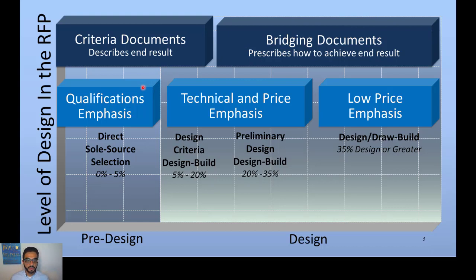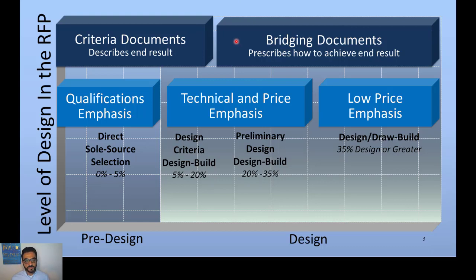design builder. But when the owner depends on their own designer, they move into the design effort and do some design development here. So you move into 5 to 20%. Now you have more polished criteria documents or some bridging documents.